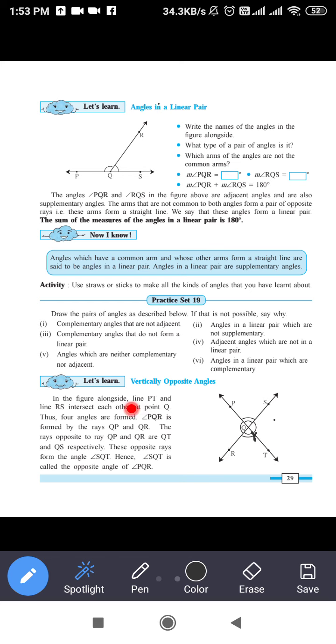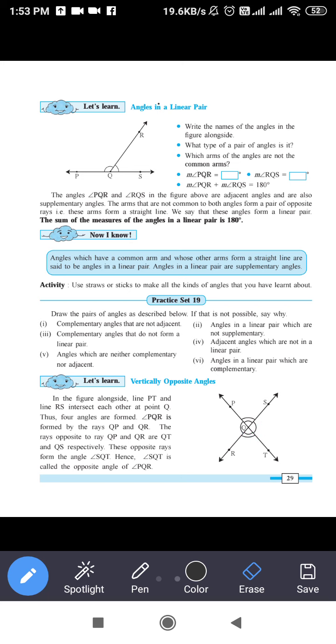In the figure alongside, line PT and line RS intersect each other at point Q. Intersect means both are meeting at a particular point, right? They are crossing each other at a common point Q.